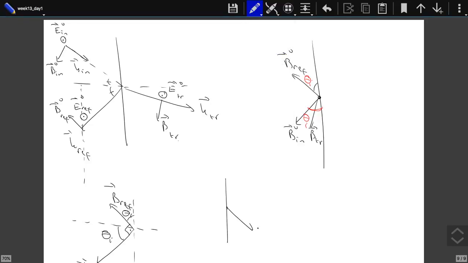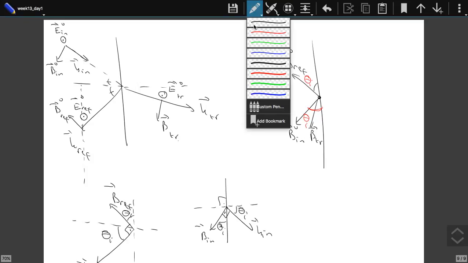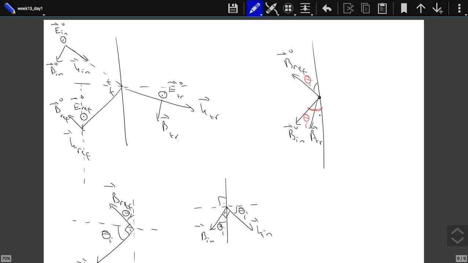So this is my K incident. This is my B incident. These are perpendicular to each other. So this is my theta E. This is my theta E. And for the transmitted, this is my theta transmitted.